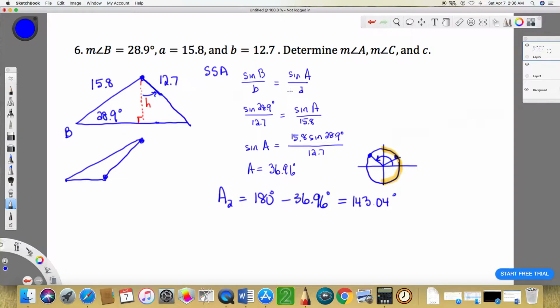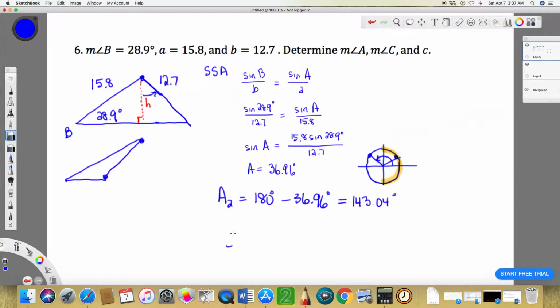All right, so now let's go back to our known ratio, the sine of b over b. Oh, well, wait a minute.